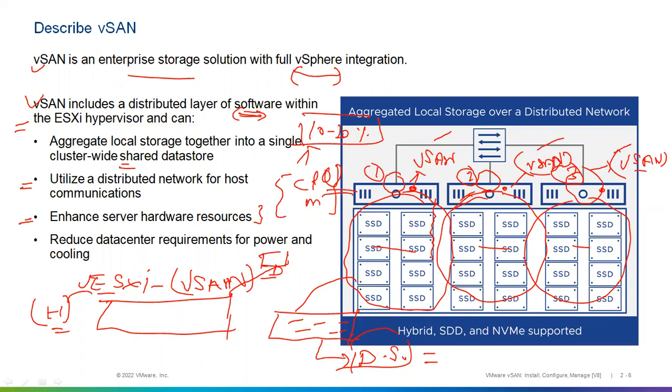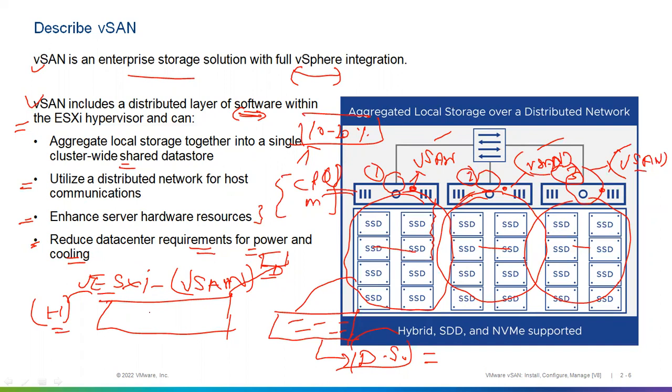Then it says reduce the data center requirement for power and cooling. Just because we are not using a separate storage fabric, separate storage switches, or separate storage devices, because everything is in compute.